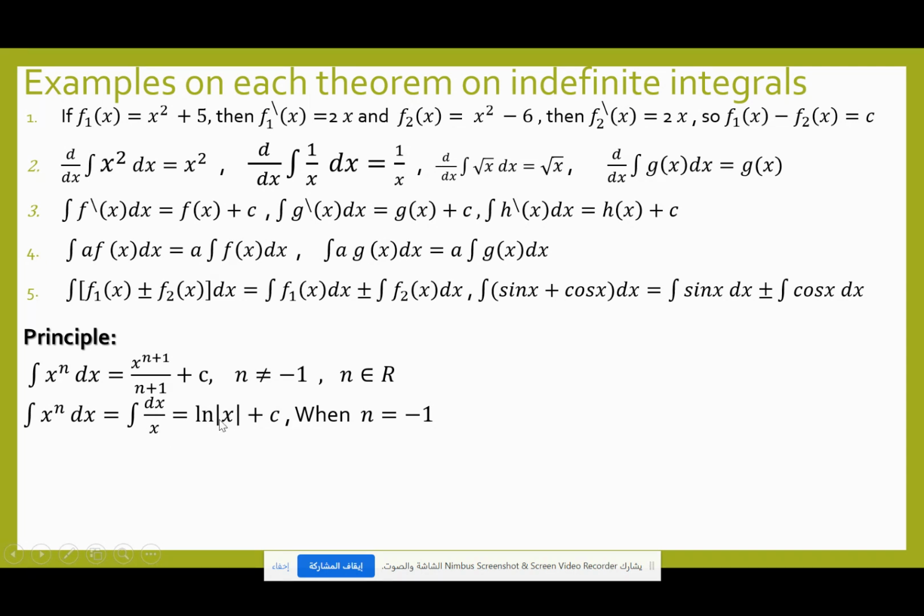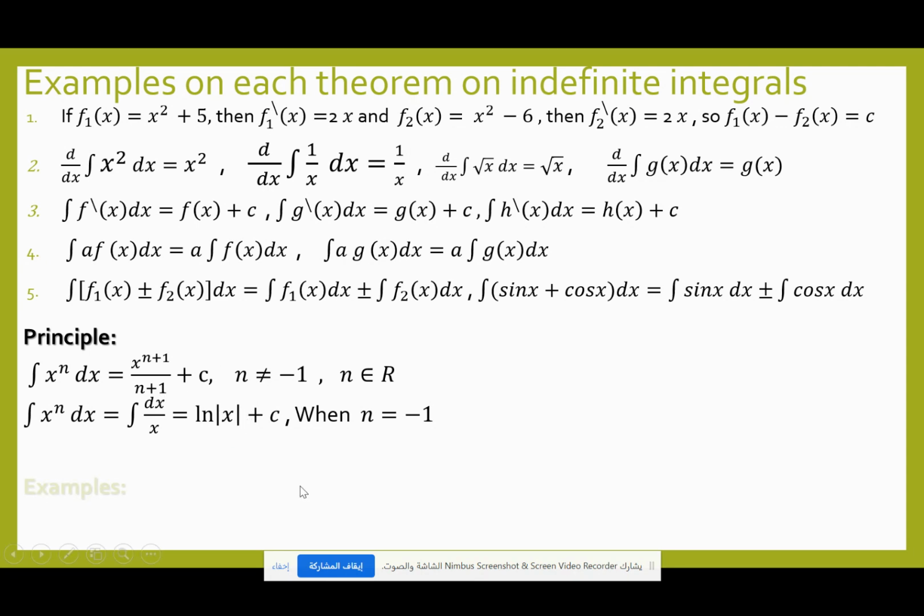Now, why are we writing it inside an absolute value or a modulus? Because ln does not accept negatives, like the square root. It does not even accept 0, because its domain according to its graph, if you remember, go back and see the graph, is from 0 open till infinity.